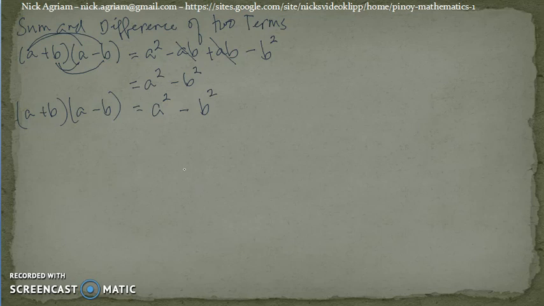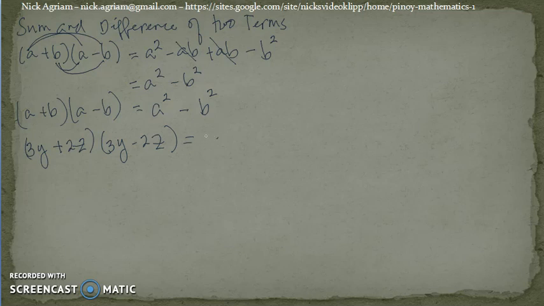It's always like that. For example, I have 3y plus 2z, and then we have 3y minus 2z.